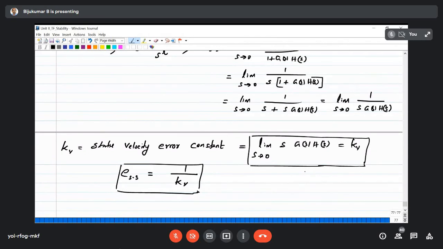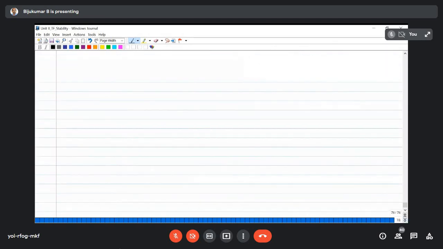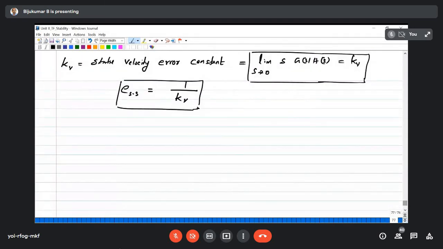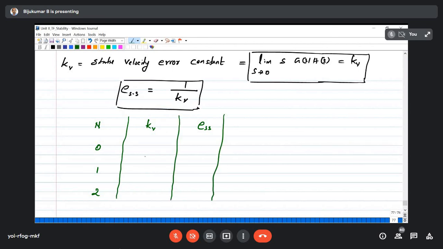Now the same analysis we will do here also. What will happen when n equals 0, 1 and 2? We will make one table here: n, Kv, and steady state error, with 0, 1, 2. Now tell me, what is the Kv you are expecting for a type 0 system?